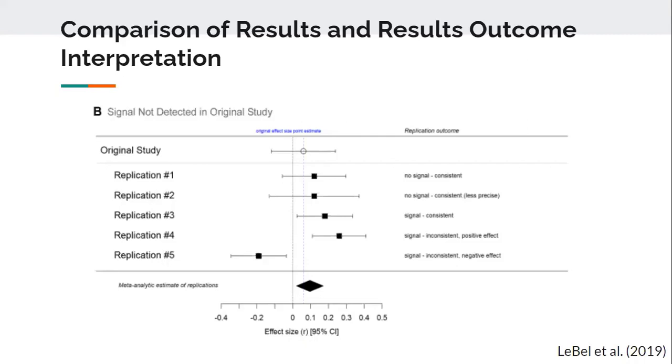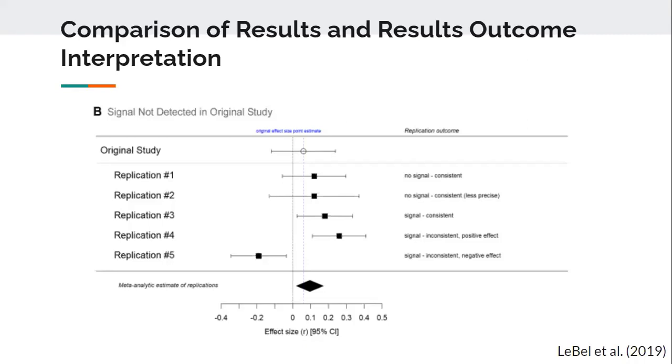Less precise means the replication CIs are wider than the original CIs, as I just mentioned. Signal consistent means that the replication detected the difference, and the replication CIs include the original.